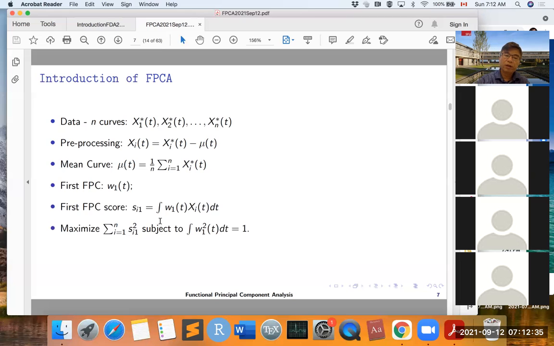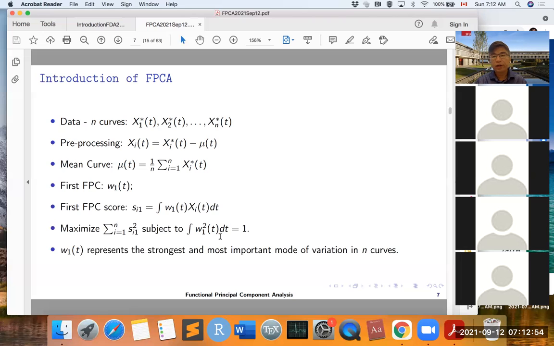Similarly, to make the FPC identifiable, we put the constraint that the integral of W1(t) squared will be equal to 1. Okay, so here the first FPC W1(t) represents the strongest and most important mode of variation in these n curves.